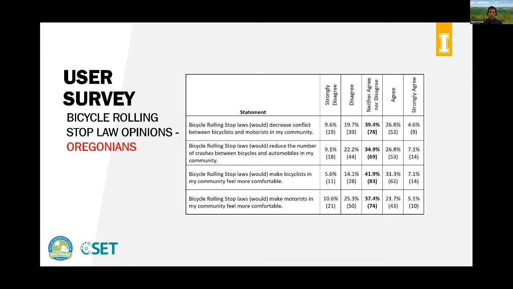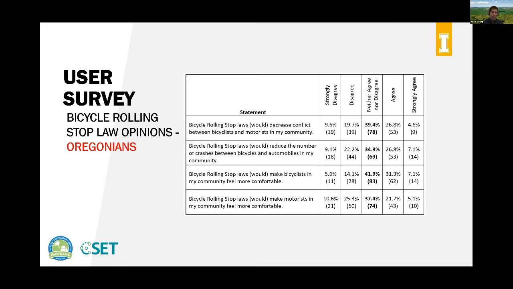For the first 3 statements, Oregonians generally agreed or strongly agreed with the statement. And then when it came to whether bicycle rolling stop laws would make motorists feel more comfortable, you can see that over a third of Oregonians disagreed or strongly disagreed with that statement after having a chance to respond to it in the survey.